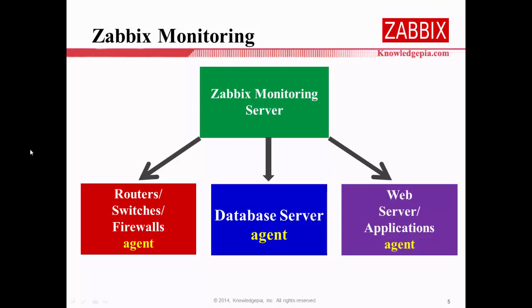Javix also will monitor the web server and web applications as a Javix agent. When the Javix server monitors these devices and servers, normally it will use protocols like SNMP, TCP, and ICMP. So each Javix agent must support these protocols.